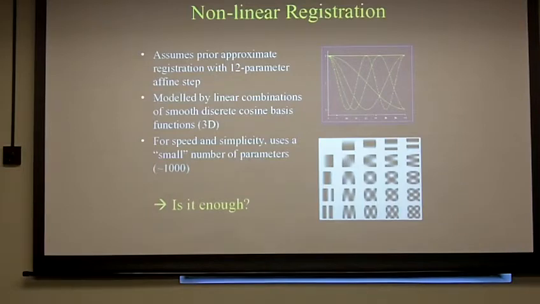And so this is a cosine basis function, various cosine functions, and this bright color represents, let's say, shifting the brain to the left, and the dark color shifting the brain to the right.